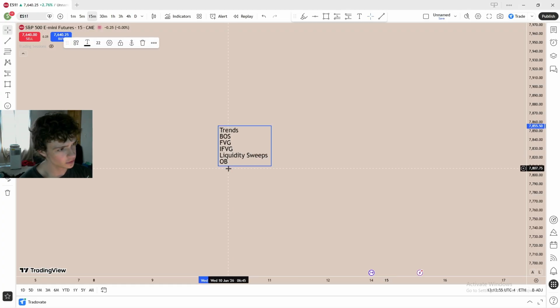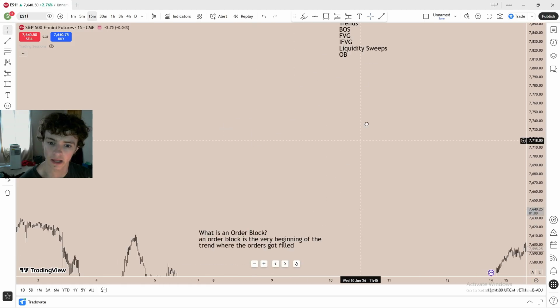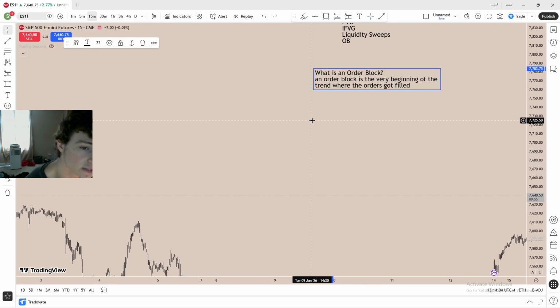But what's OB? What's an order block? I'm glad you asked. So, what is an order block? An order block is the very beginning of the trend when the orders get filled.